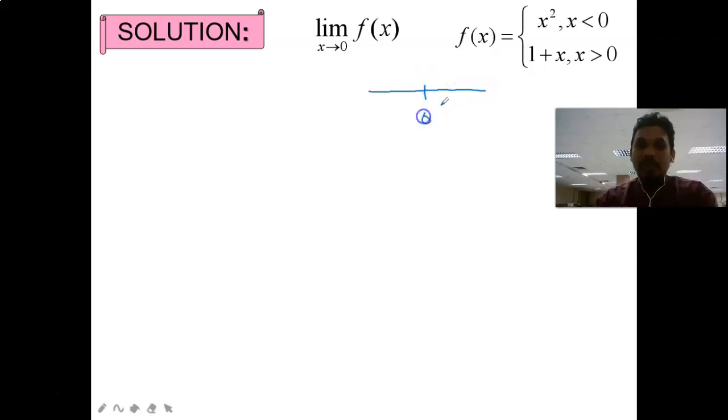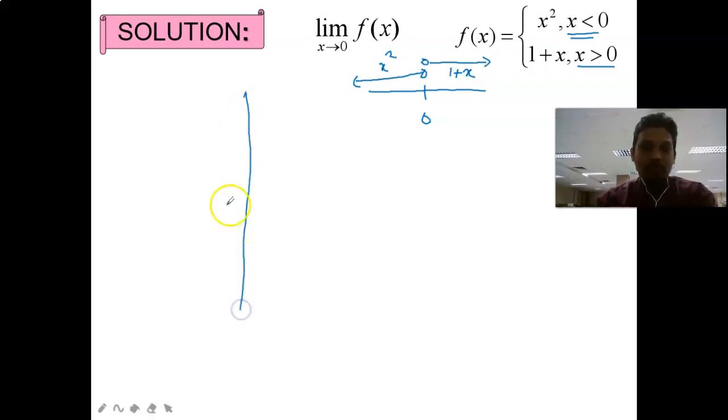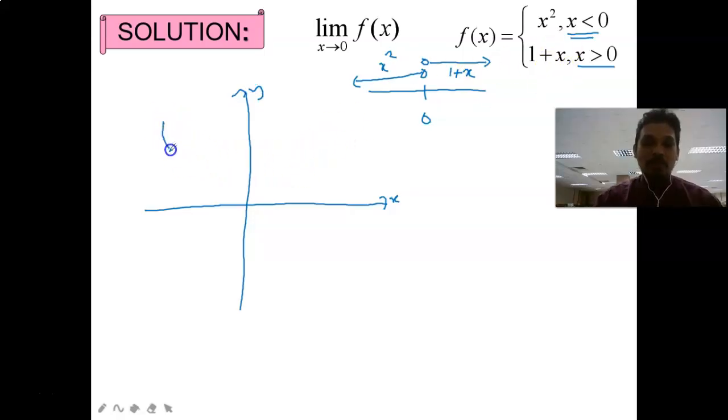For x less than 0, we call the domain, the function is x squared. And for x greater than 0, it is 1 plus x. Now the graph of x squared is something like this.